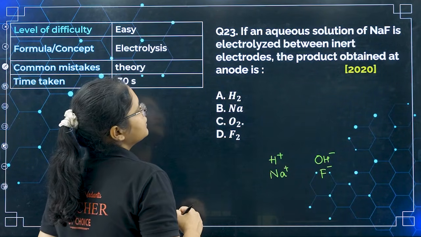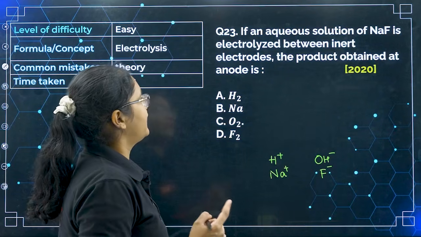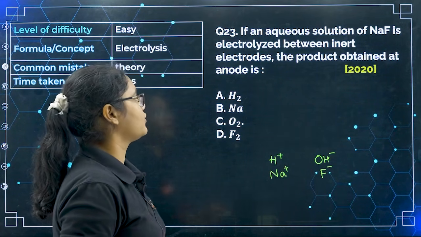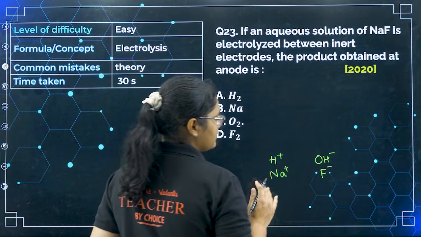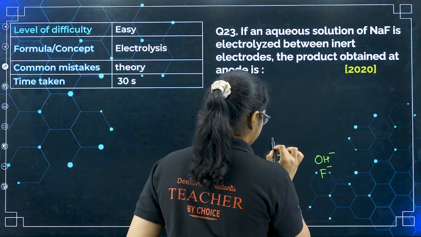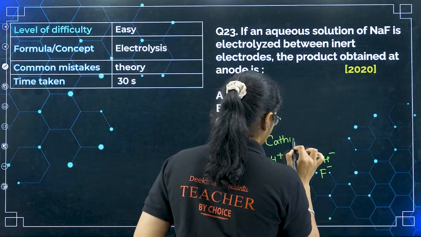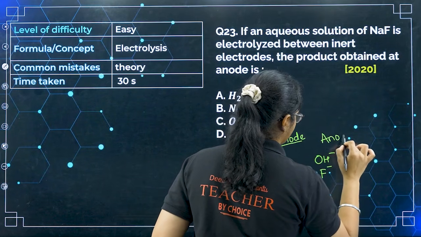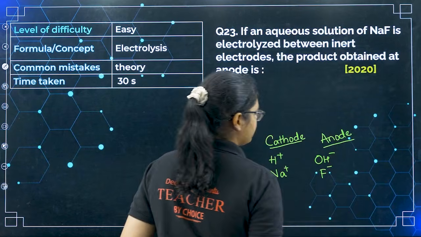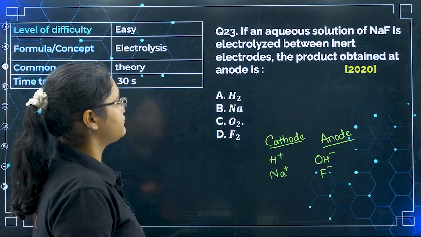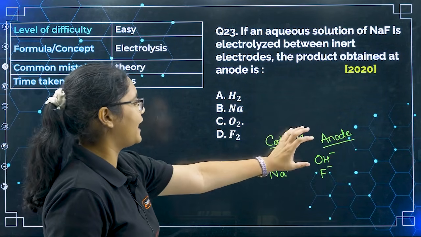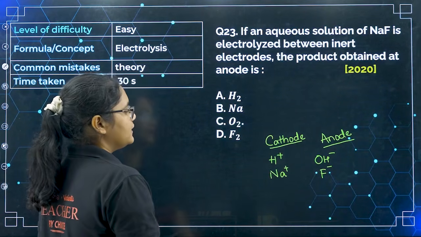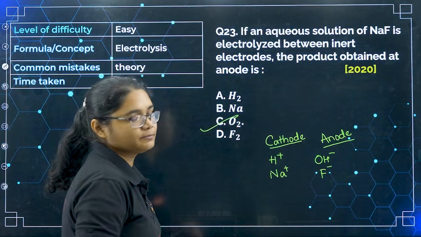The positively charged ones will move towards cathode, and the negatively charged ones will move towards anode. So what is obtained at anode? OH minus will obviously undergo oxidation, and here we will get O2 gas produced.